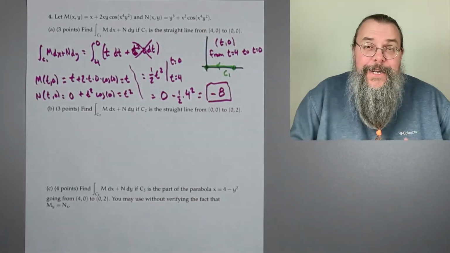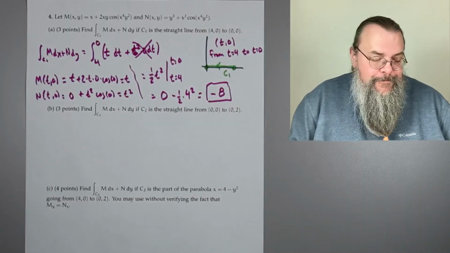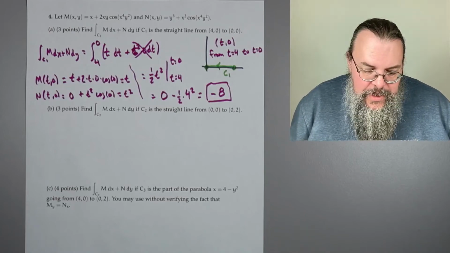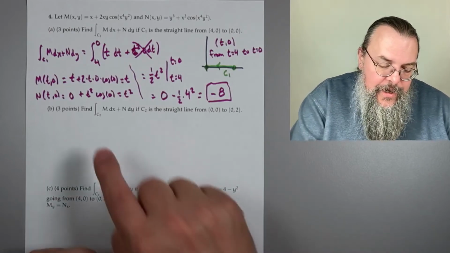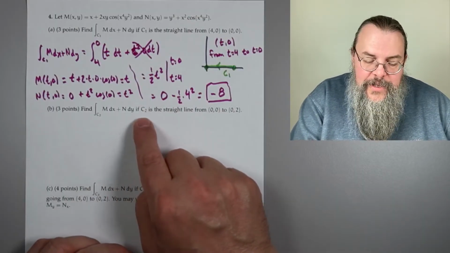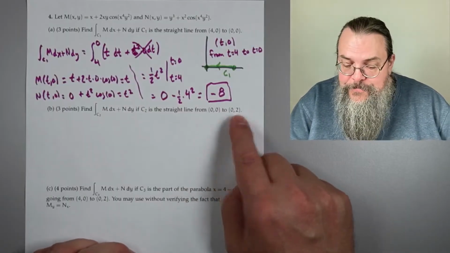Okay, so there we go. We did the line integral by parameterization. All right, part B. Find a different curve, same integral, but the curve now goes from the origin up to (0, 2).